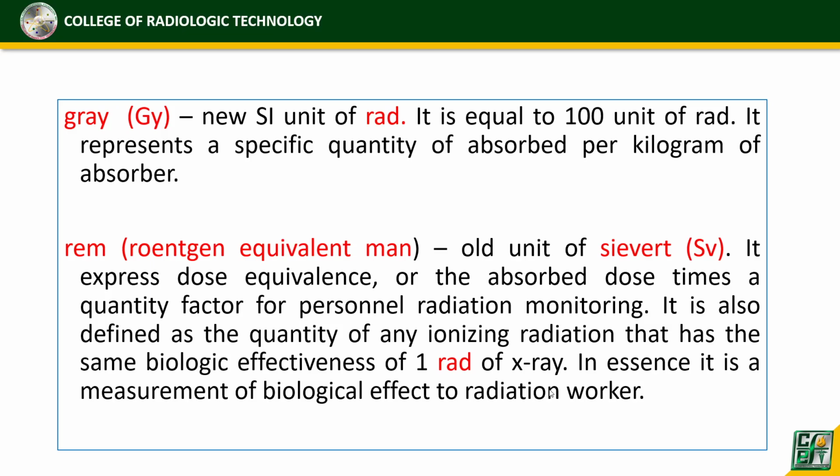So yung sagot natin, yung kaninang hinanging question natin, so ayun, yun na yung sagot. So 1 sievert is equivalent to 1 gray. So kung siya ay milligray or millisievert, so 1 millisievert equals 1 milligray. Okay?